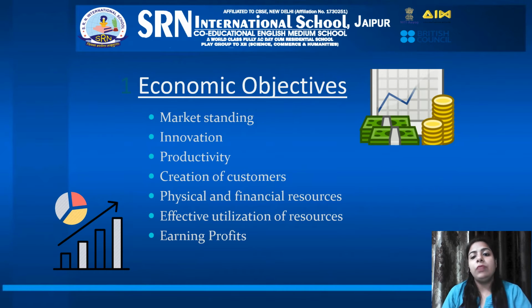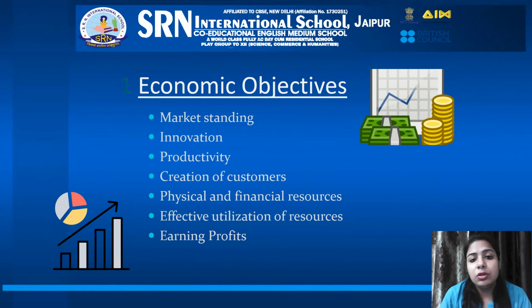Then productivity. You should be very productive. All your resources should be utilized in an effective manner, and the productivity of the resources should be enhanced. Creation of customers: more and more customers should be associated with your business. The business person and the strategy makers should think of how they can create more and more customers.